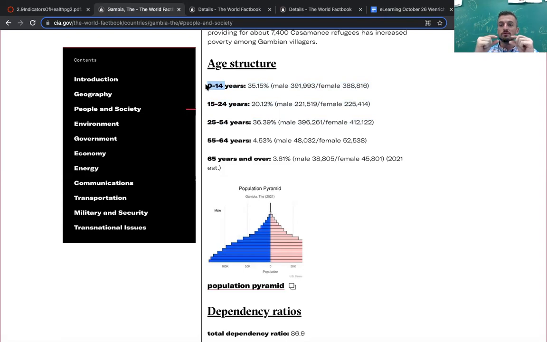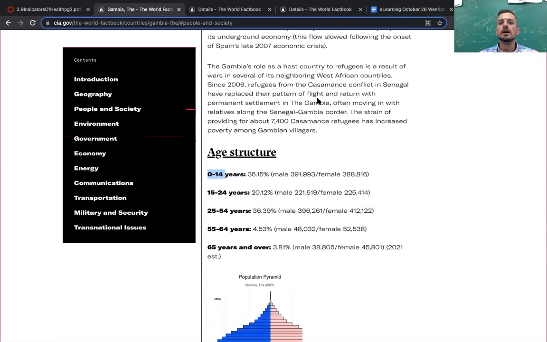That's where you get that big fat bottom of the country in terms of the population pyramid. 25 to 54 is a larger age range, and 36% is there. So again, a majority of the population is very young. Young people will require a good education and a good economic outlook so they can get a job, so they can get paid and create families, buy things, live your life as you get older.